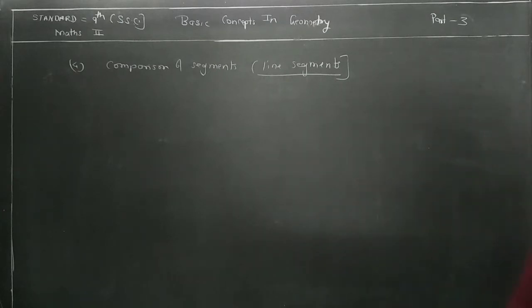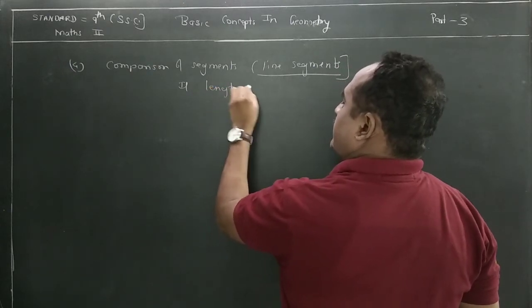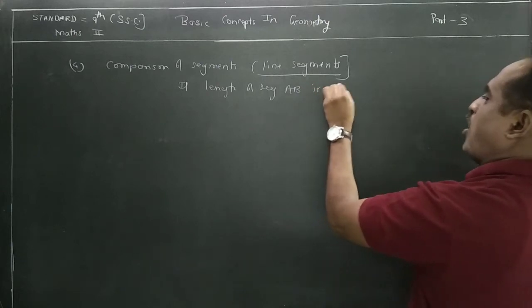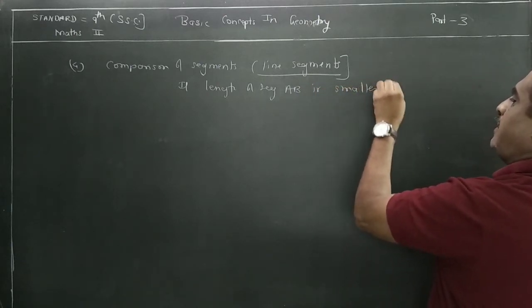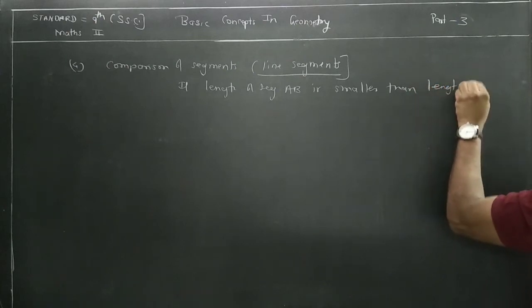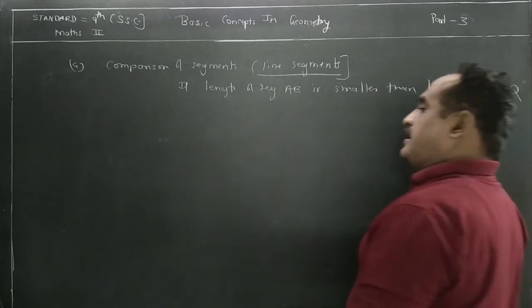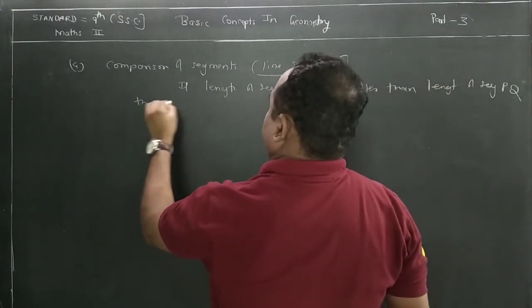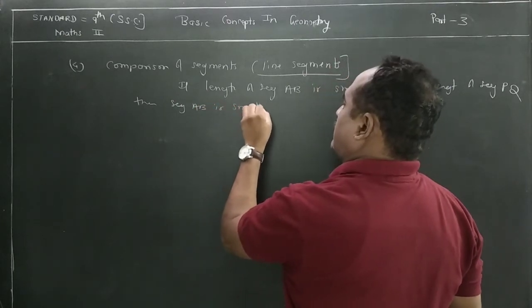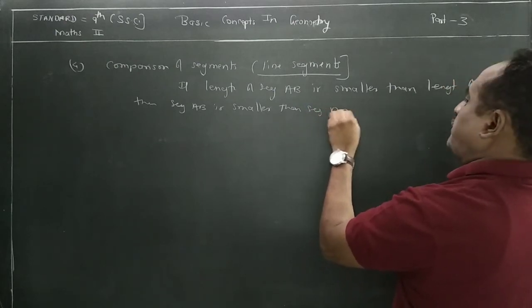So we can say that if the length of segment AB is smaller than the length of segment PQ, then segment AB is smaller than segment PQ.